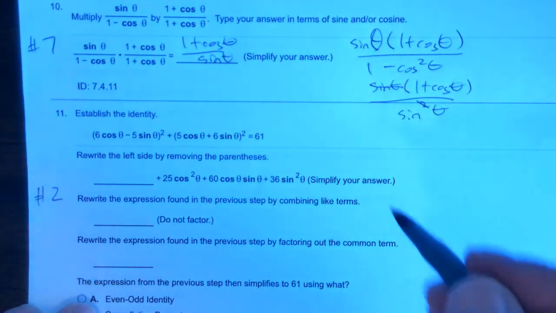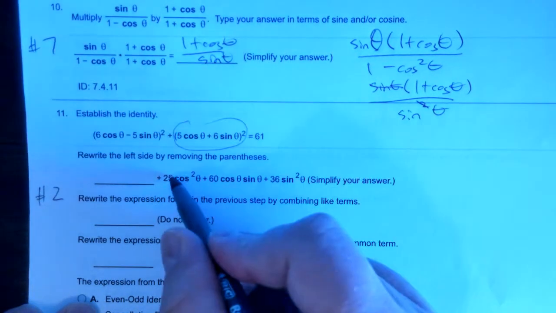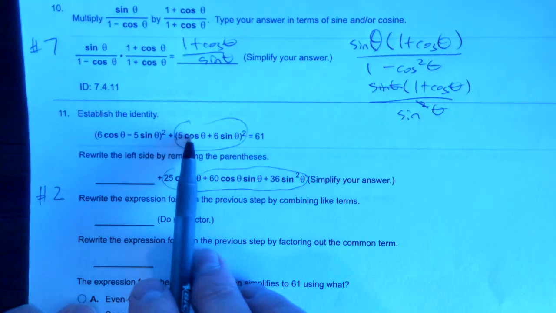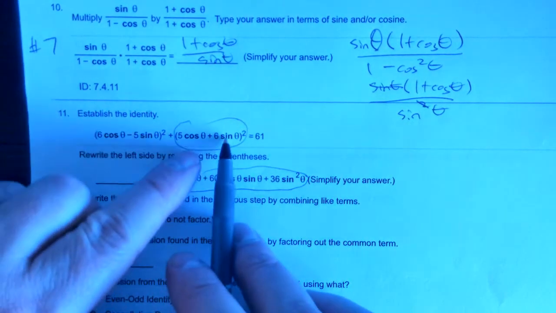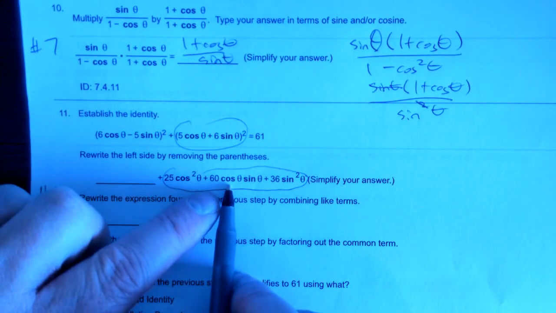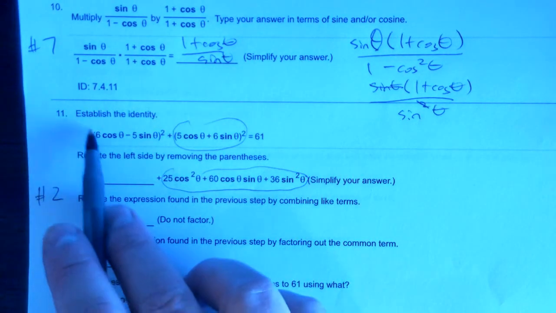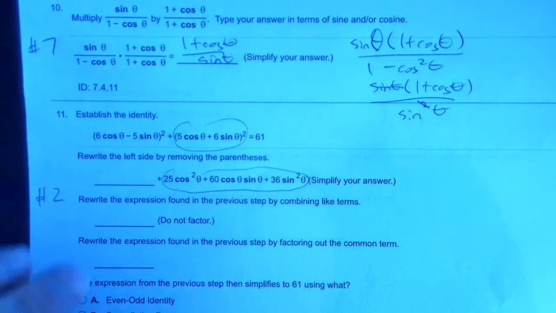Okay, on the next one, this was expanded into this. 5 squared is 25, then you've got 30, and then double it, you get 60, and then 6 squared is 36. So ours are going to use the same type numbers.